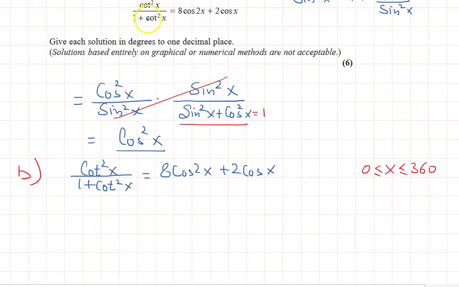We have just proved that cot square x over 1 plus cot square x is cos square x, so cos square x is equal to 8 cos 2x plus 2 cos x.